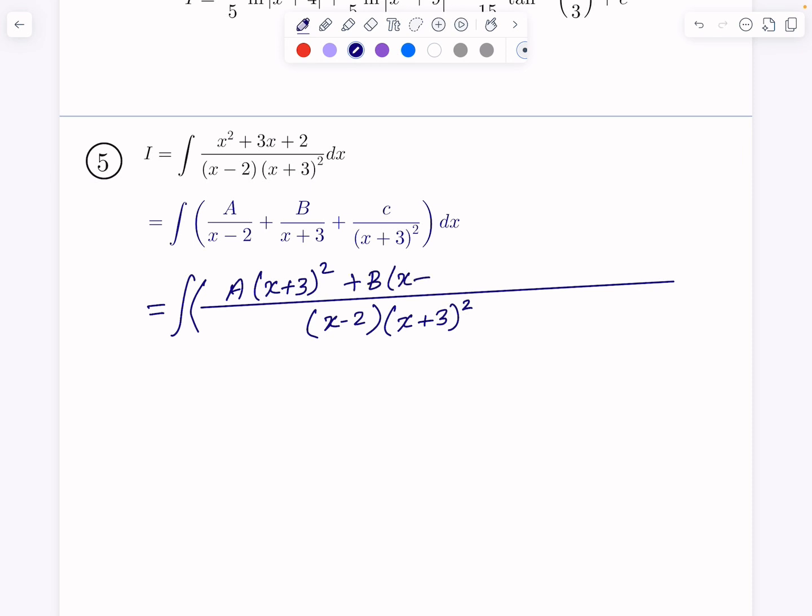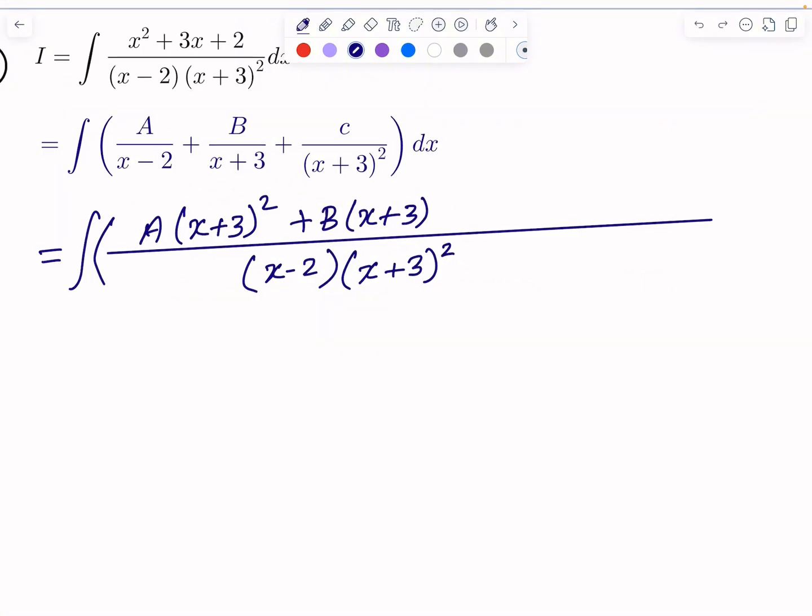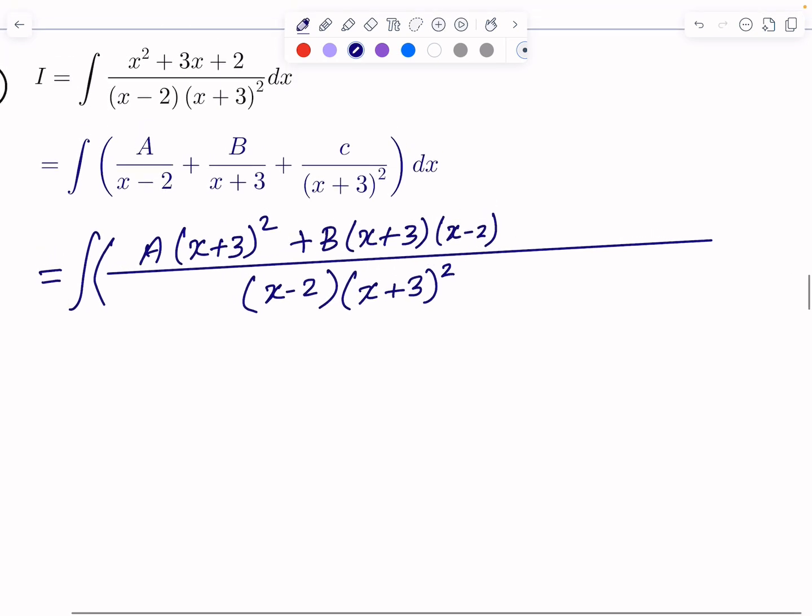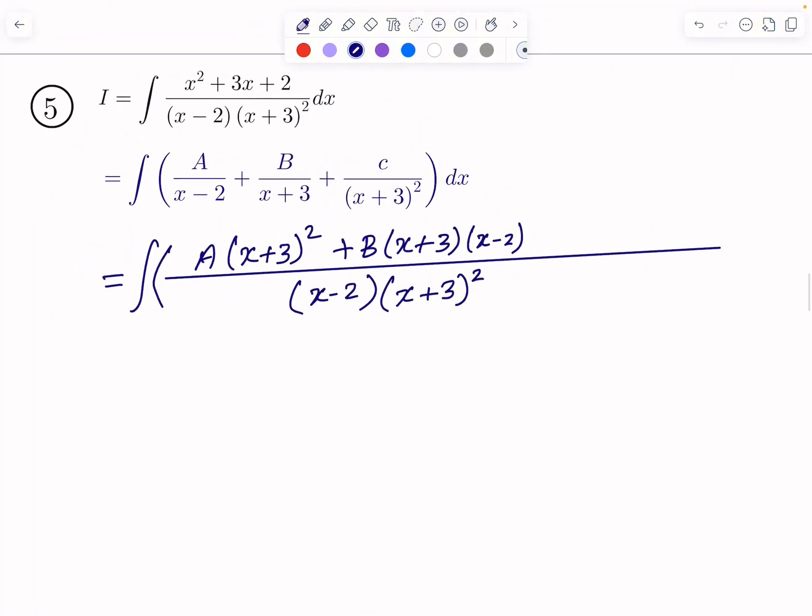And then we're going to multiply by x plus 3 whole squared. Here we have x plus 3, therefore we have to multiply by another x plus 3 to make it square. And we have to multiply by x minus 2 as we're not having it.